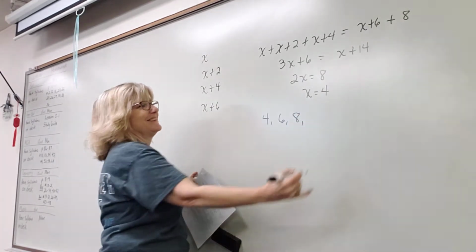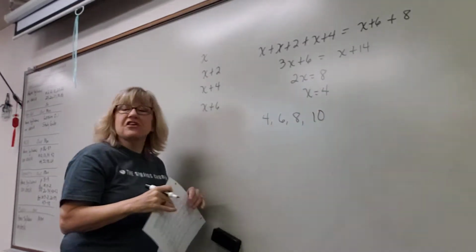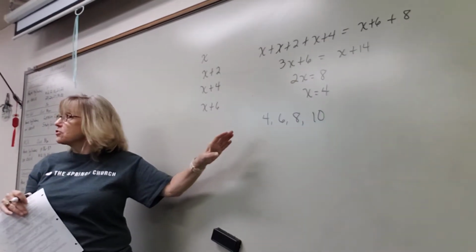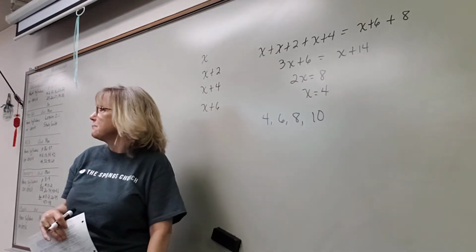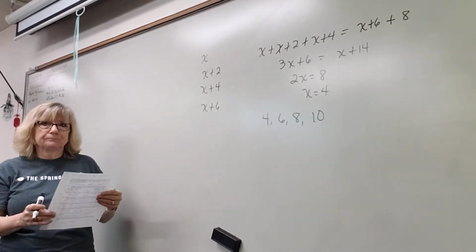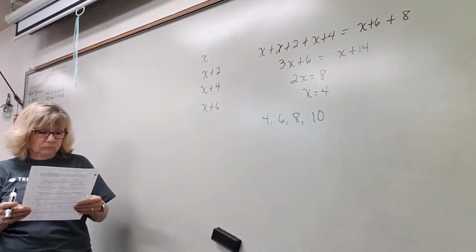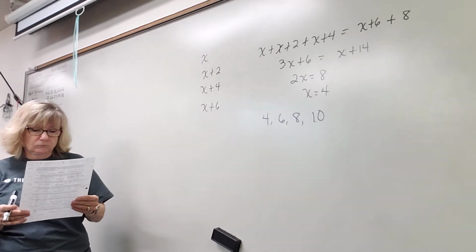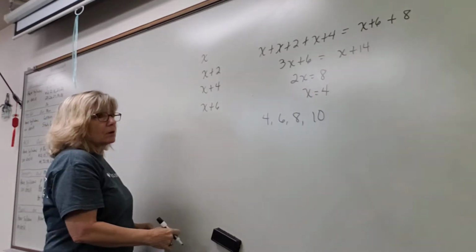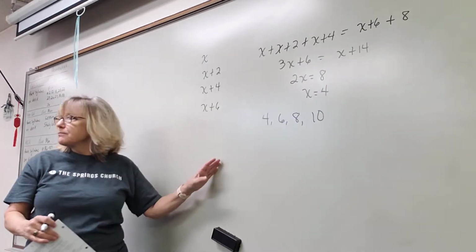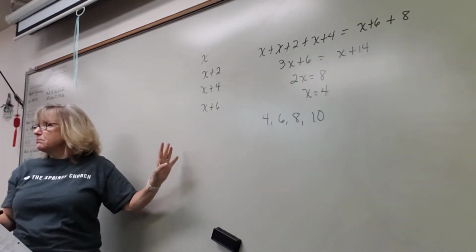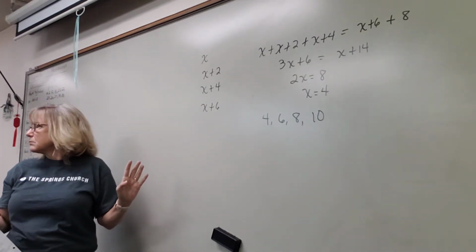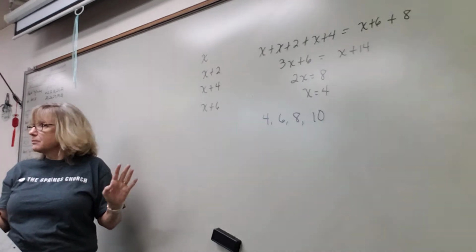Oh, 10. So remember, they're consecutive evens. Once you find the first one, you use 4, 6, 8, 10, right? Okay, are we good with this? Should I leave it a minute? Are we good? Yes. Okay.